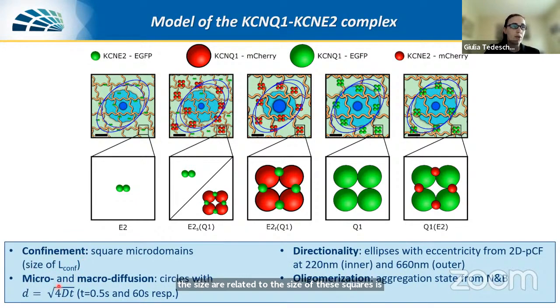From the MSD, we can also get the micro and macro diffusion, represented by the dark blue and light blue circles. We represent the directionality of the motion by these two ellipses, which we get from the 2D PCF analysis, and here is also represented the average oligomerization state that we get from the N&B analysis.